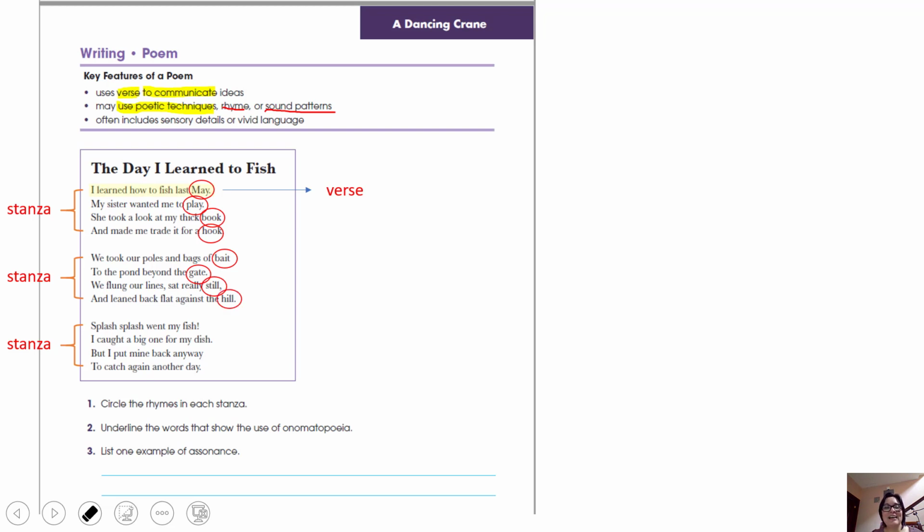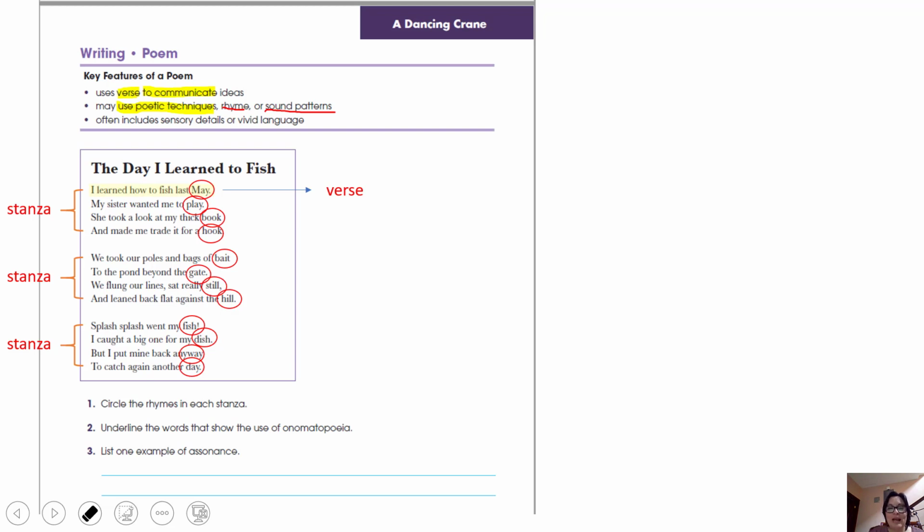Another one in the other stanza? Fish, dish. Excellent. And the other ones? Anyway, day. So if you can see, guys, the rhymes are going to be in the end of a verse.